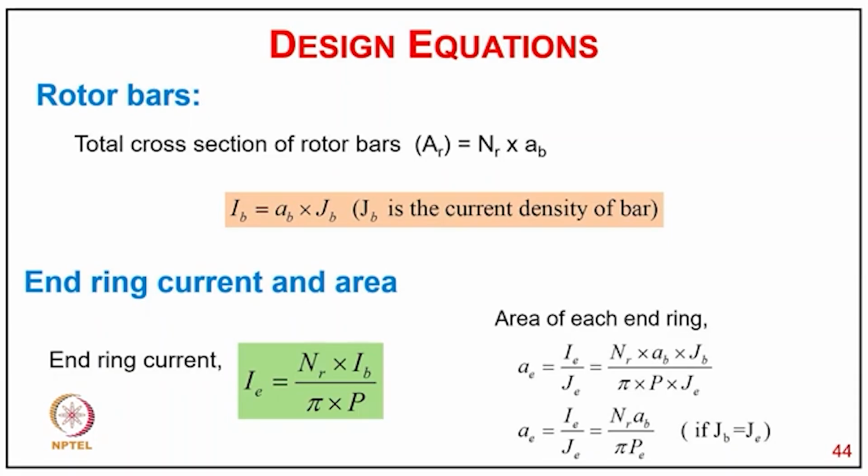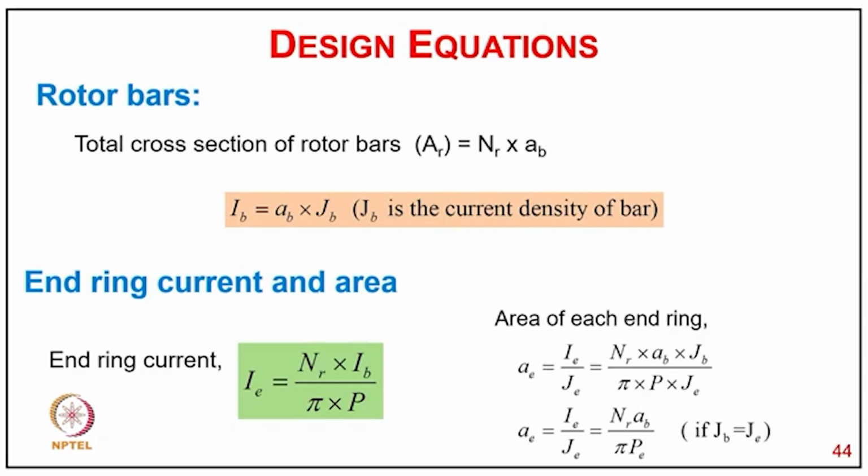So now coming to total cross section of bar, AR equal to NR into AB, where IB is equal to AB into JB, where JB is the current density in your rotor bar. End ring current I equal to NR into IB upon pi into P, and area of each end ring A equal to I upon JE, that is NR AB into JB divided by pi P into JE.